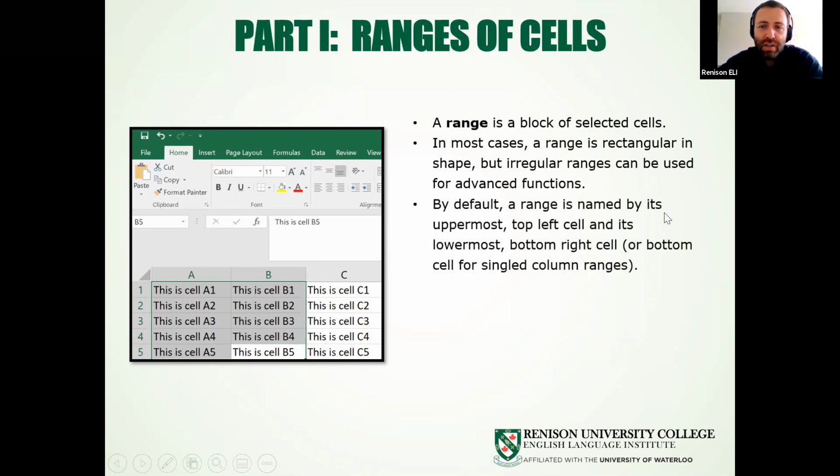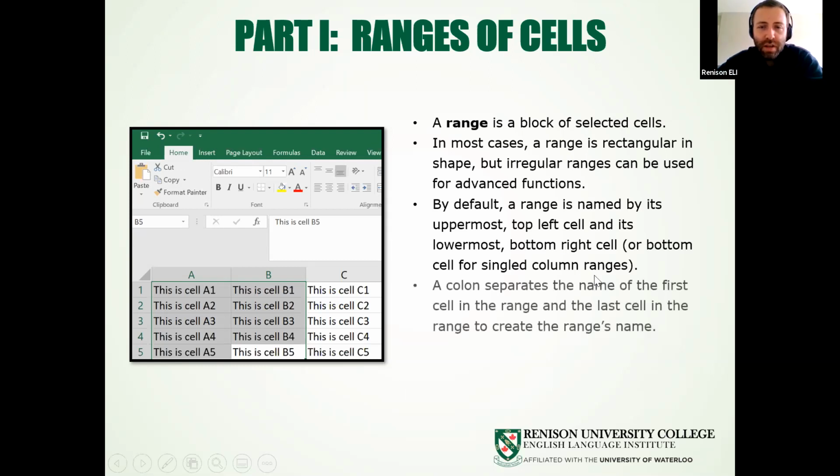By default, a range is named by its uppermost top left cell and its lowermost bottom right cell, or if it's just a range with a single column, the bottom cell. A colon, so just the two dots, separates the name of the first cell in the range and the last cell in the range to create the range's name.